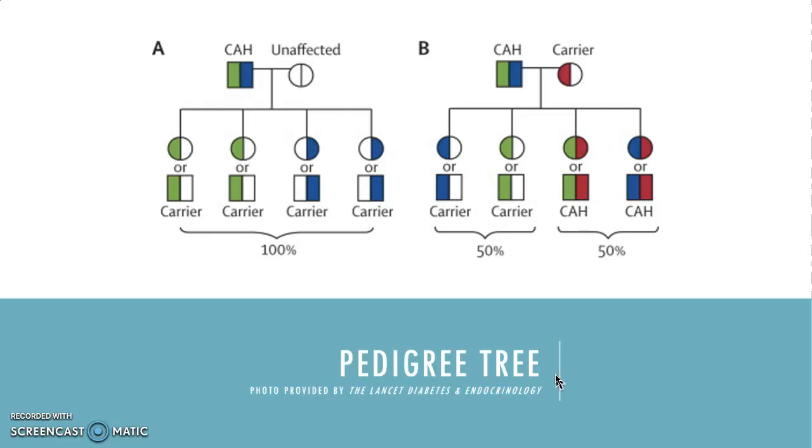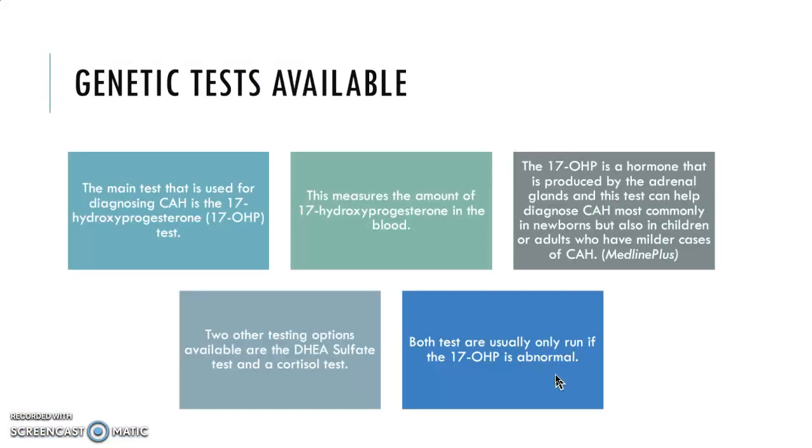Moving on, we do have several genetic tests available for congenital adrenal hyperplasia. The first one and the main one is going to be the 17-hydroxyprogesterone, the 17-OHP test. This test measures the amount of 17-hydroxyprogesterone that is in the blood, and this hormone, again, is produced by the adrenal glands.